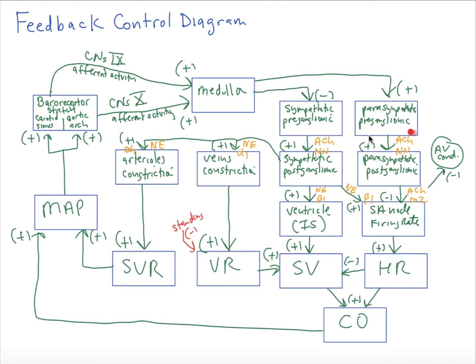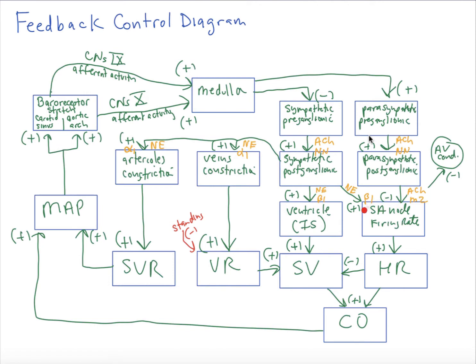Of course, it's acetylcholine activating NN receptors. Sympathetic preganglionic neurons similarly have the same relationship because they're using the same acetylcholine and NN receptor.